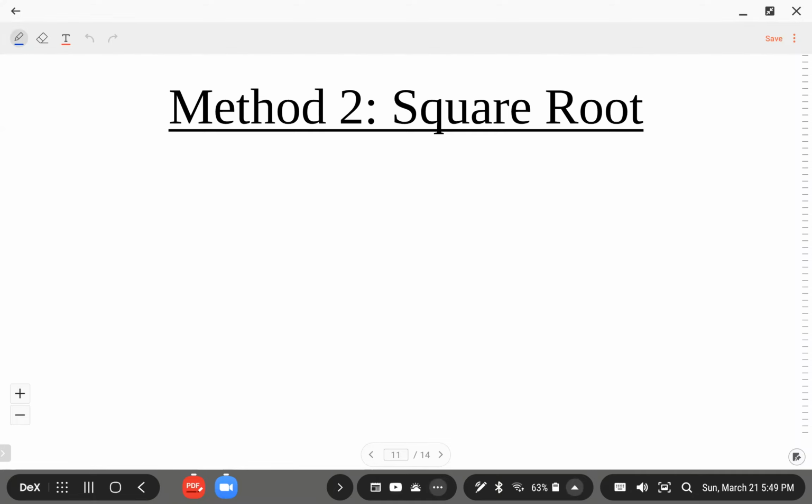We'll talk about that next class. 3x squared minus 75 equals 0. So this is our example. Of course, this is quite easy. What you're going to do is just move 75 here. Divide by 3 on both sides.